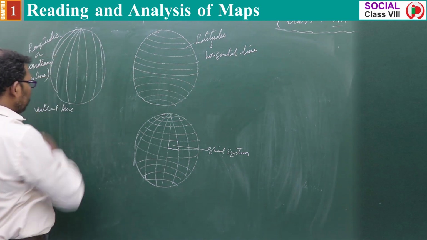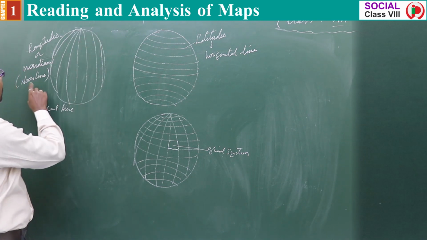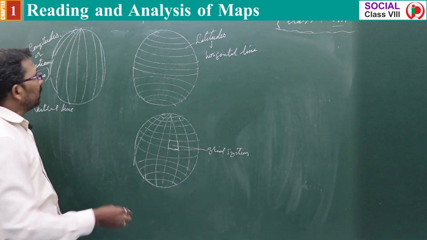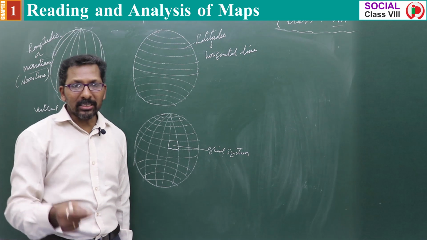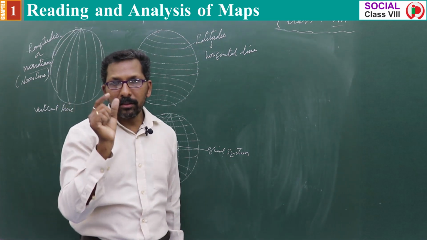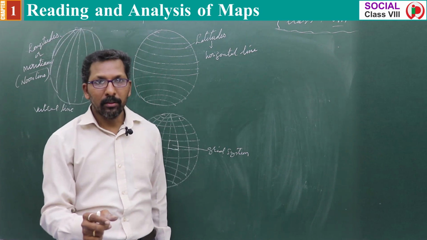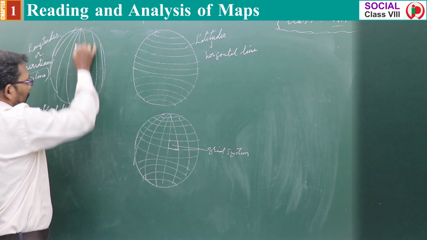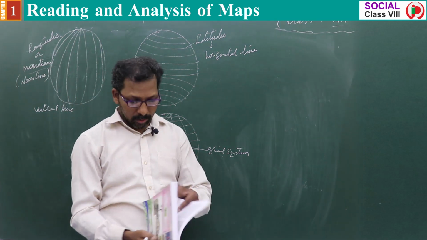Now, what does longitude actually mean here? It is called a meridian or a noon line. These longitudes were drawn from places where the noon was equal or the shadow was equal. So this line was drawn from the places where the shadow was equal.